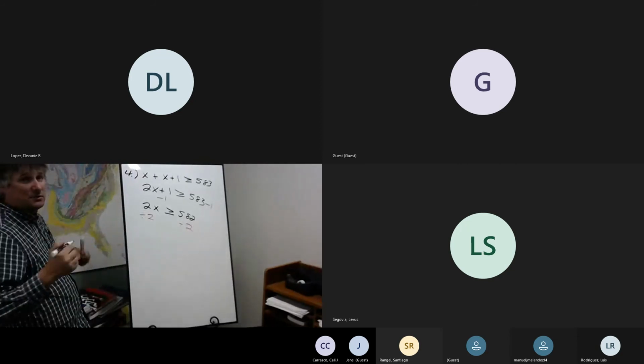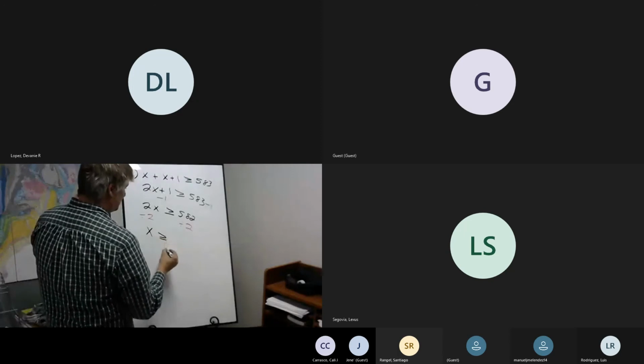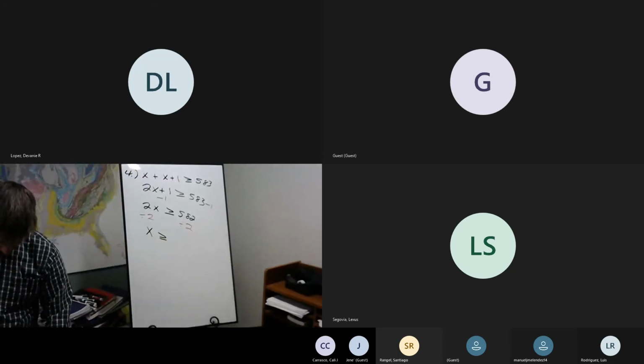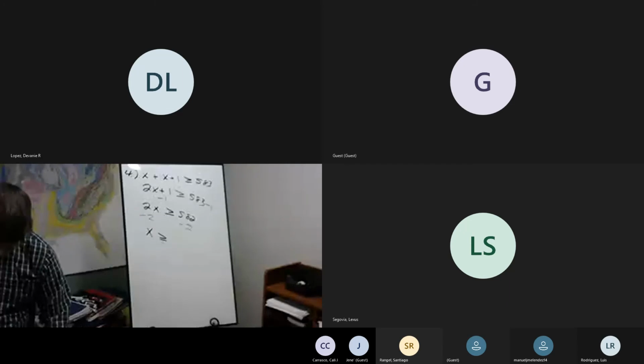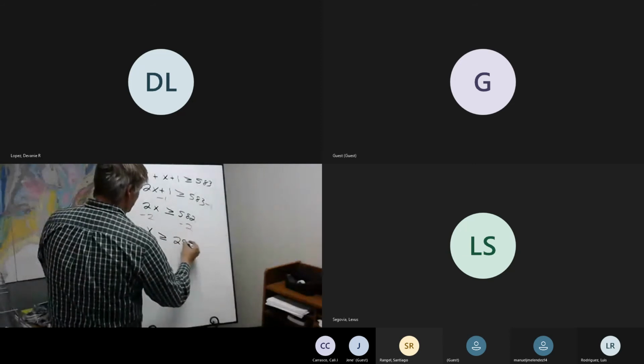And since it's a positive 2, nothing flips around. So that means x is at least, that's 582 divided by 2, 291.